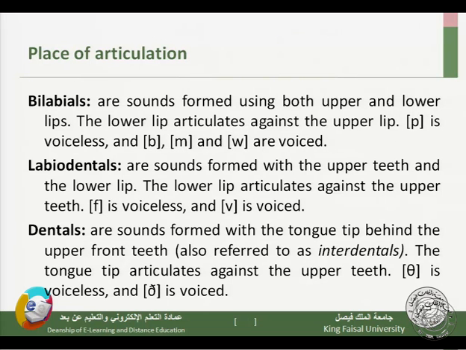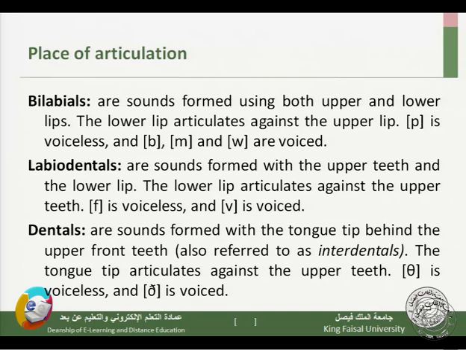So when I produce the sound p, I don't feel any vibration here. Opposite to that, when you produce the sound b, m, w, all these sounds are formed by the lips, and we feel that p is voiceless, while the three others are voiced.